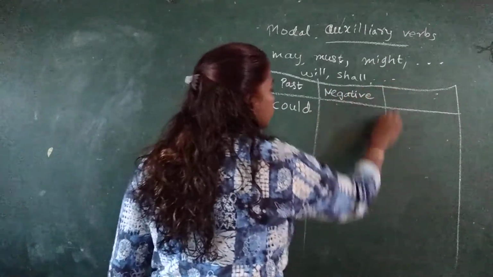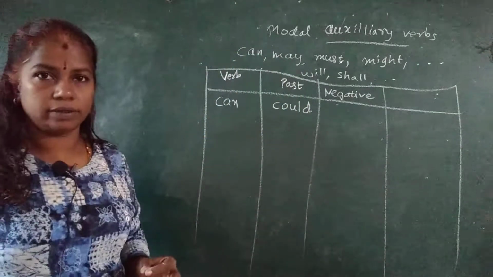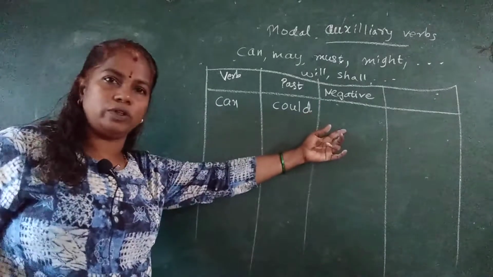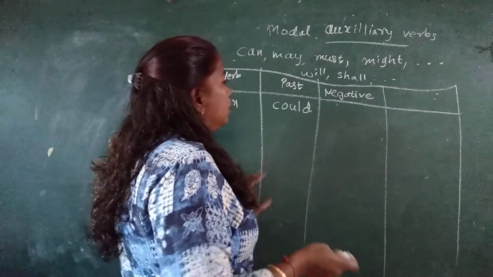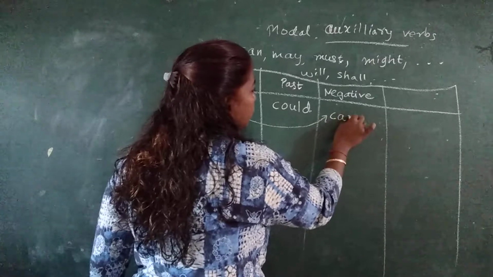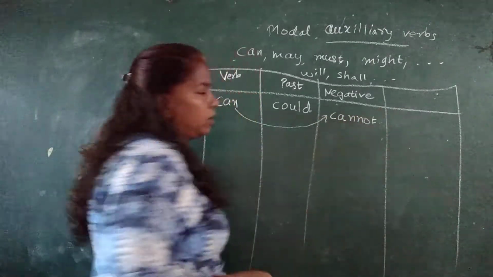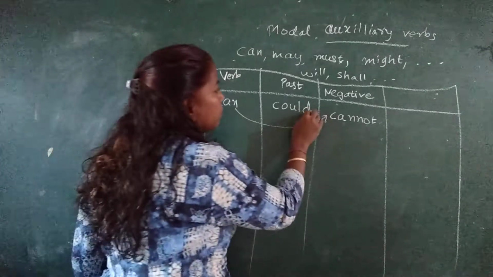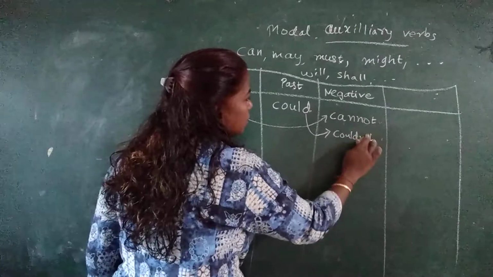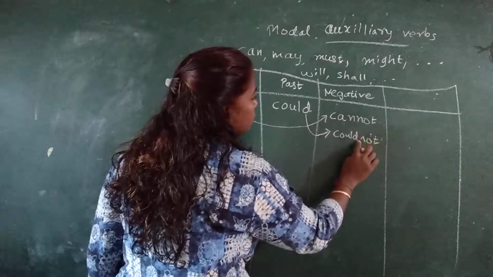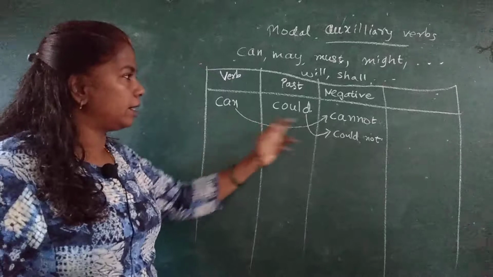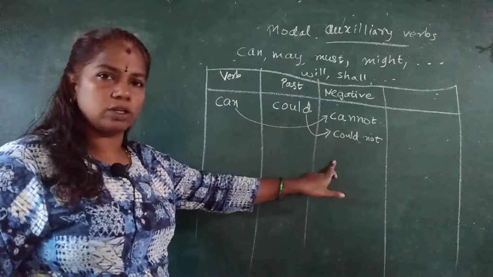Where you are putting not, meaning you are not giving an affirmation, the opposite of positive. The negative form of can is cannot. The negative form of could is could not.